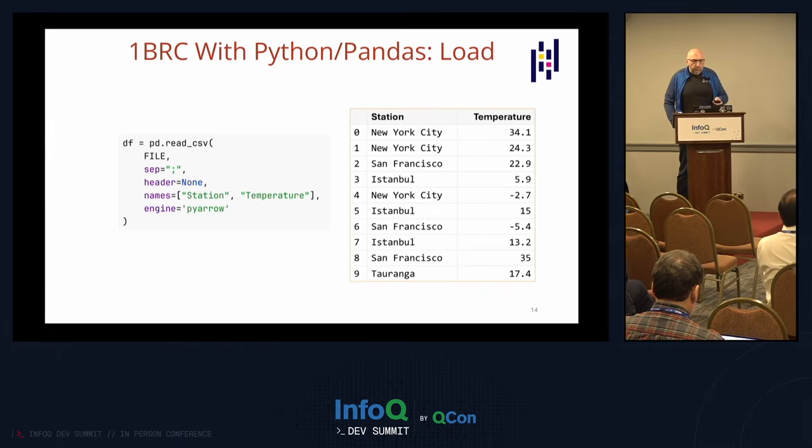Even if you don't know Python, it's easy to figure out what's happening. The read_csv method reads the CSV file. File is a variable where we have the file name, and it has these nice named parameters. So you can look at it, and it will be clear what's happening, and we get our DataFrame parsed and loaded.